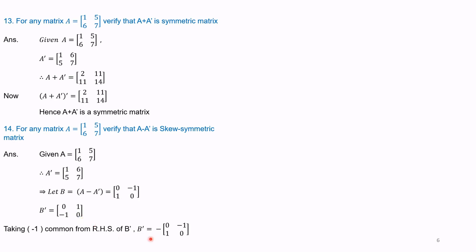Therefore, B dash is equal to minus of [0, -1; 1, 0]. Hence, if you compare this matrix with matrix B, it is minus of matrix B. Therefore, B dash is equal to minus B. Hence, it is a skew matrix.